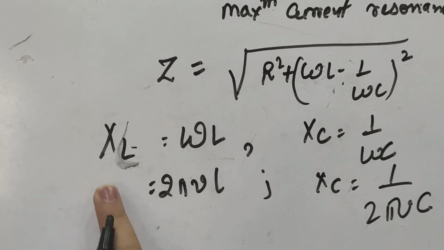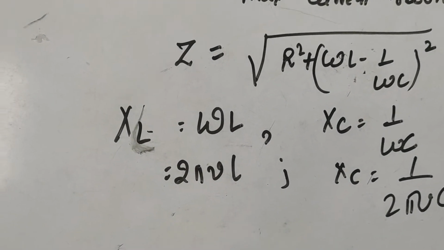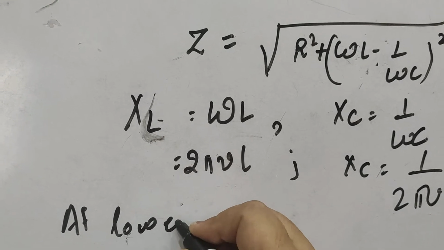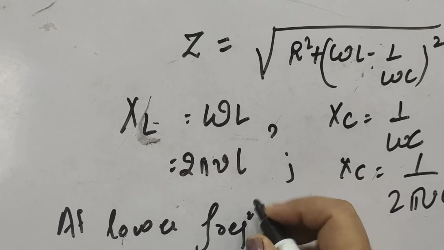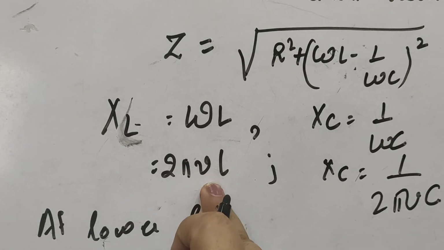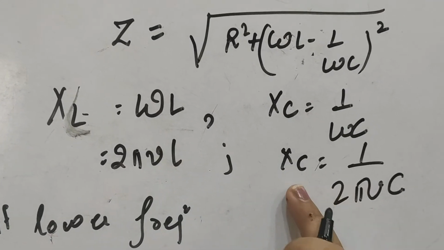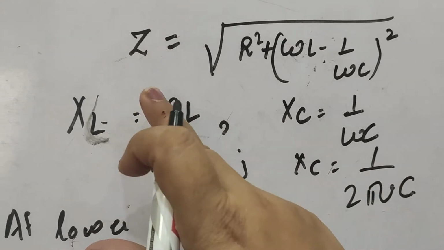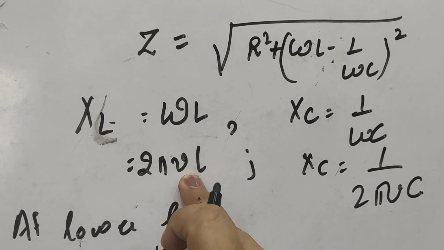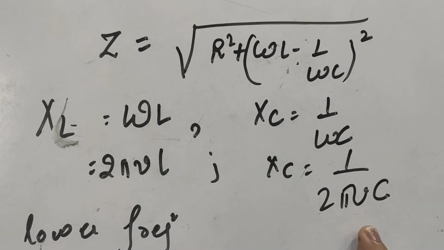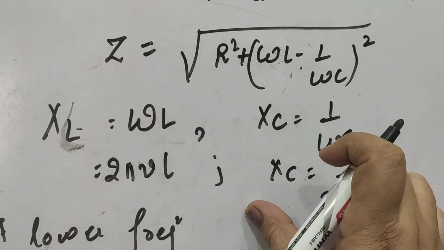Now from this we can say that at lower frequencies the value of inductive reactance is lesser, since nu is less, while capacitive reactance is more. For example, if nu is 0, XL is 0, and XC is infinity.